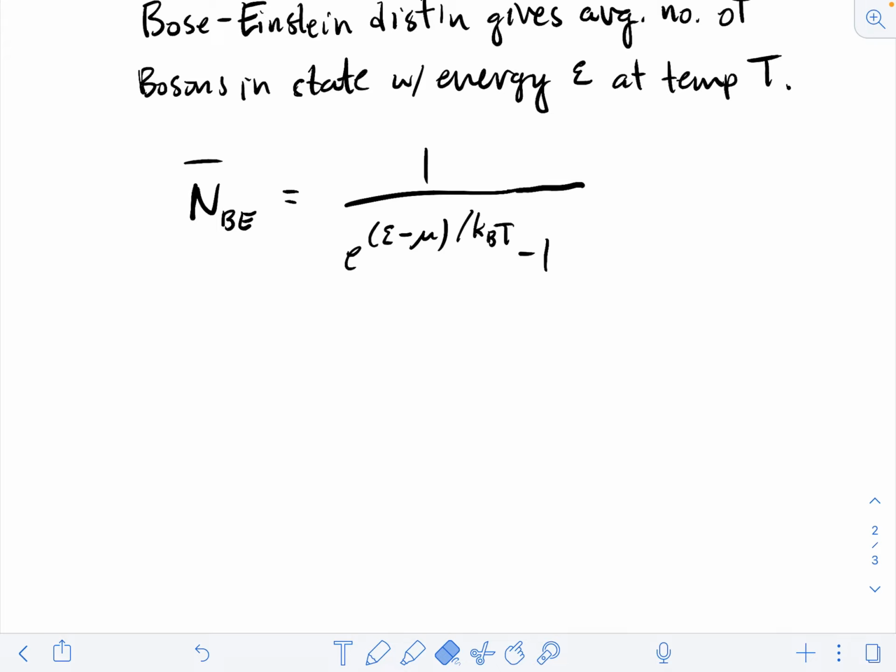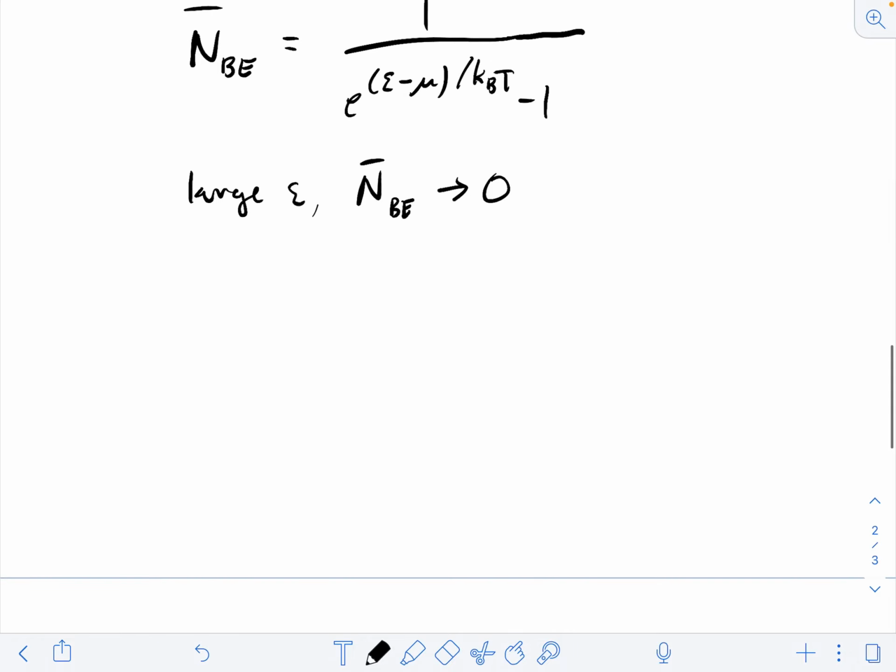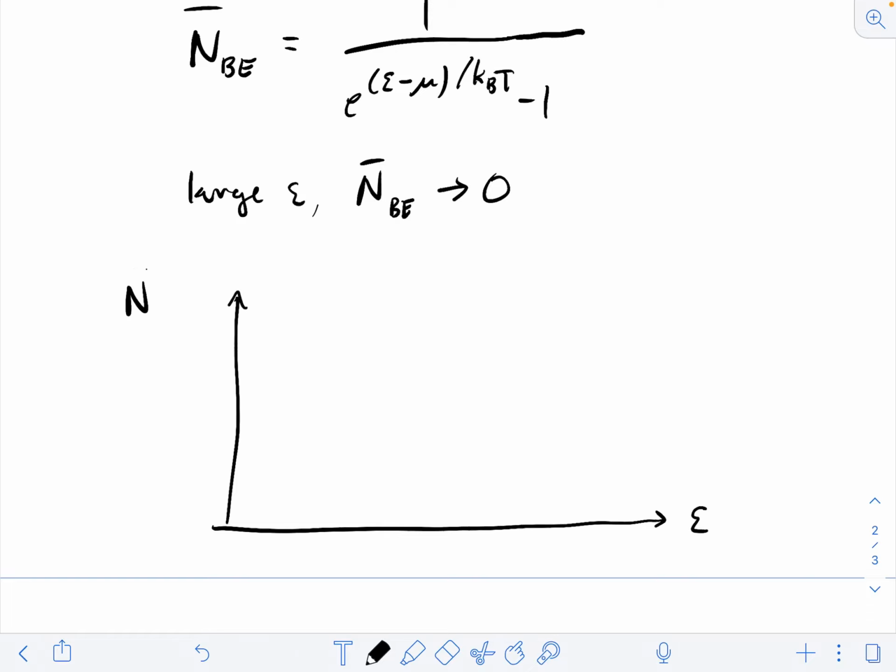And so in this case, for large epsilon, the average number of particles in a quantum state, or the occupation number, goes to 0. And so we can try to plot this as a function of energy. The Bose-Einstein distribution function at high energies looks something like this.